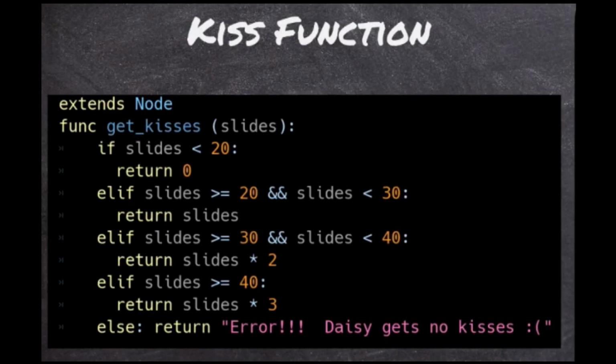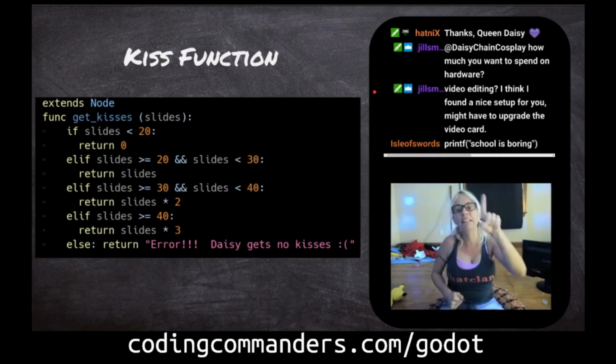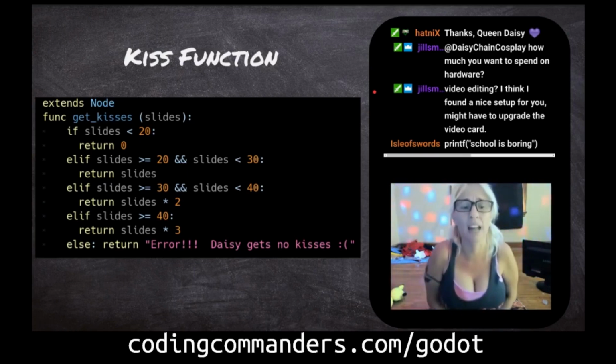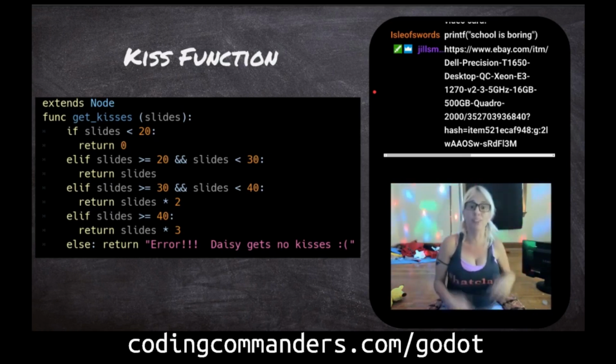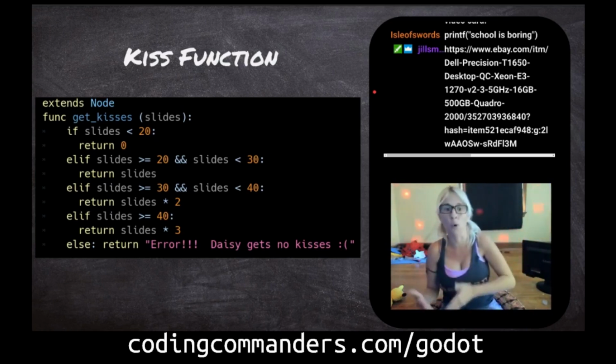Slides are less than 20, we're going to return 0. If slides are greater than or equal to 20 and slides are less than 30, we're going to return the number of slides. If slides are greater than or equal to 30 and slides are less than 40, we're going to go ahead and return slides times 2.